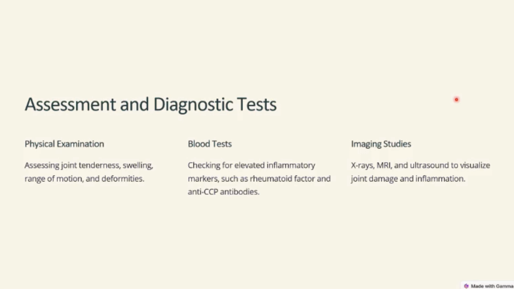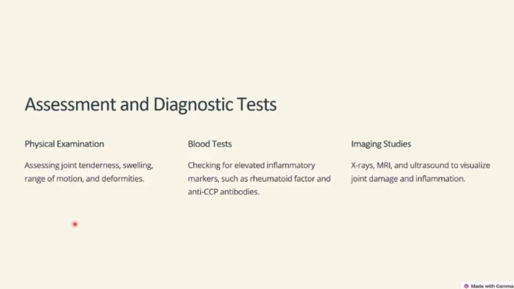Blood tests like rheumatoid factor and anti-CCP, the cyclic citrullinated peptide test, can help confirm rheumatoid arthritis, along with imaging techniques like X-rays, ultrasounds or MRIs, magnetic resonance imaging, to detect joint damage.